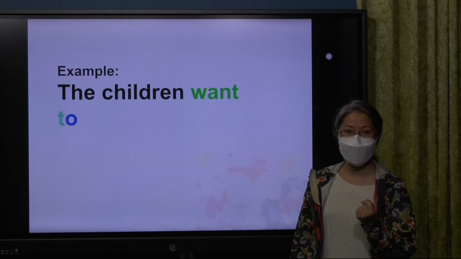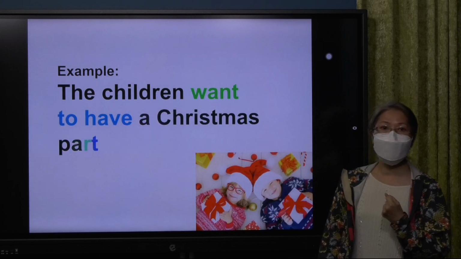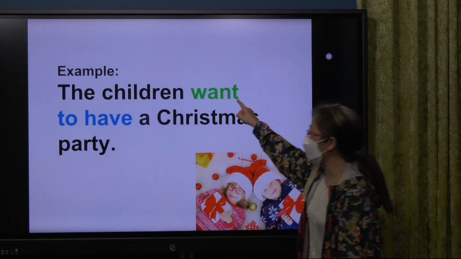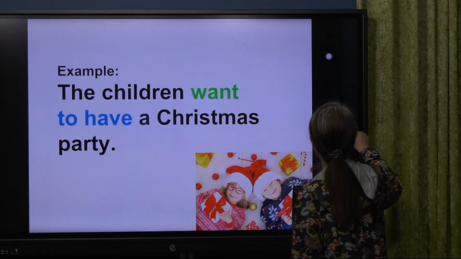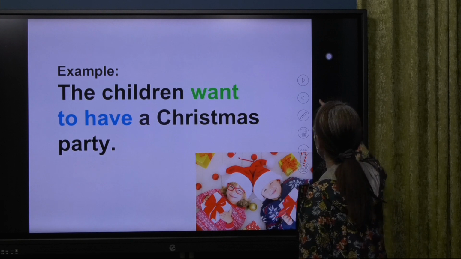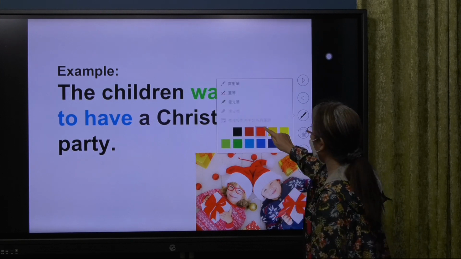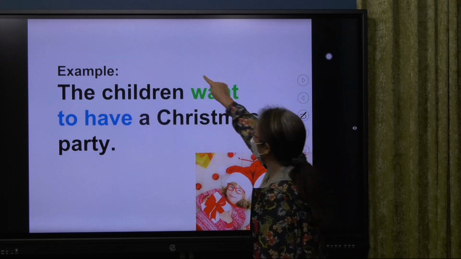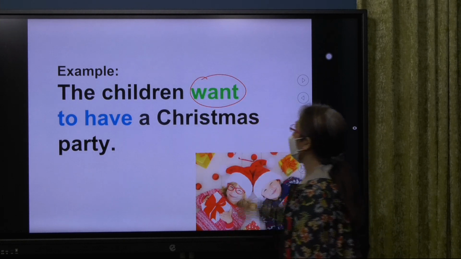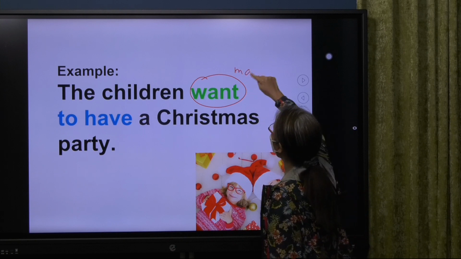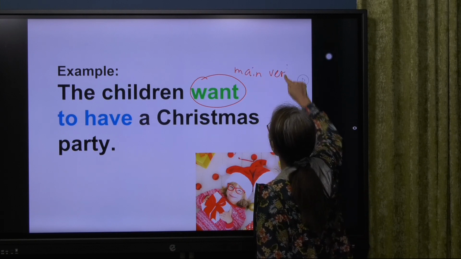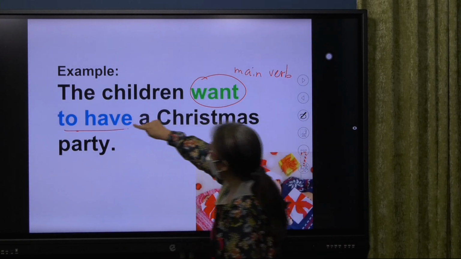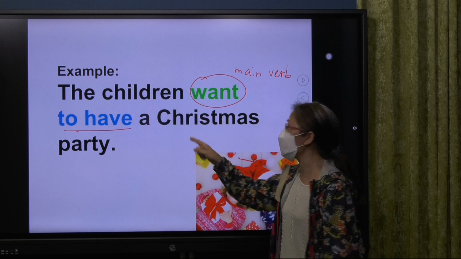For example, the children want to have a Christmas party. Want to have. The first verb is the main verb. And the second one is the to infinitive.